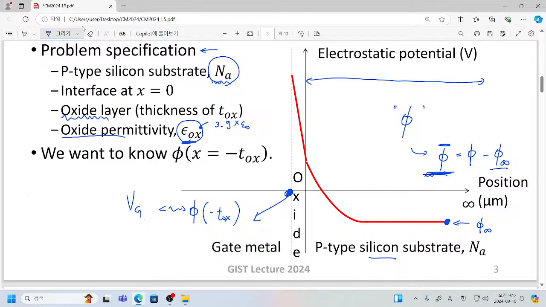So if you think naively, maybe you may say this is the one we will have. However, certainly it's not the case, because this is the terminal voltage applied to our gate terminal, and this is the electrostatic potential.